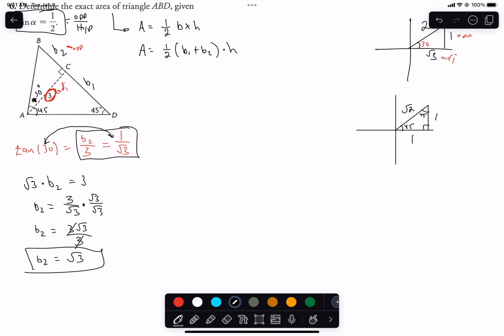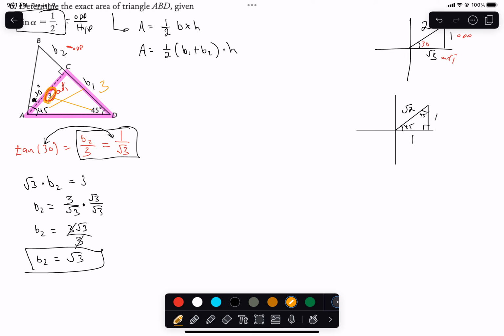And so if I'm looking at this triangle here specifically, the pink triangle, I know that the side lengths that are not the hypotenuse are 3, because it's been provided to me, and because that 3 is opposite of 45, then B1 must also be the same side length of 3.